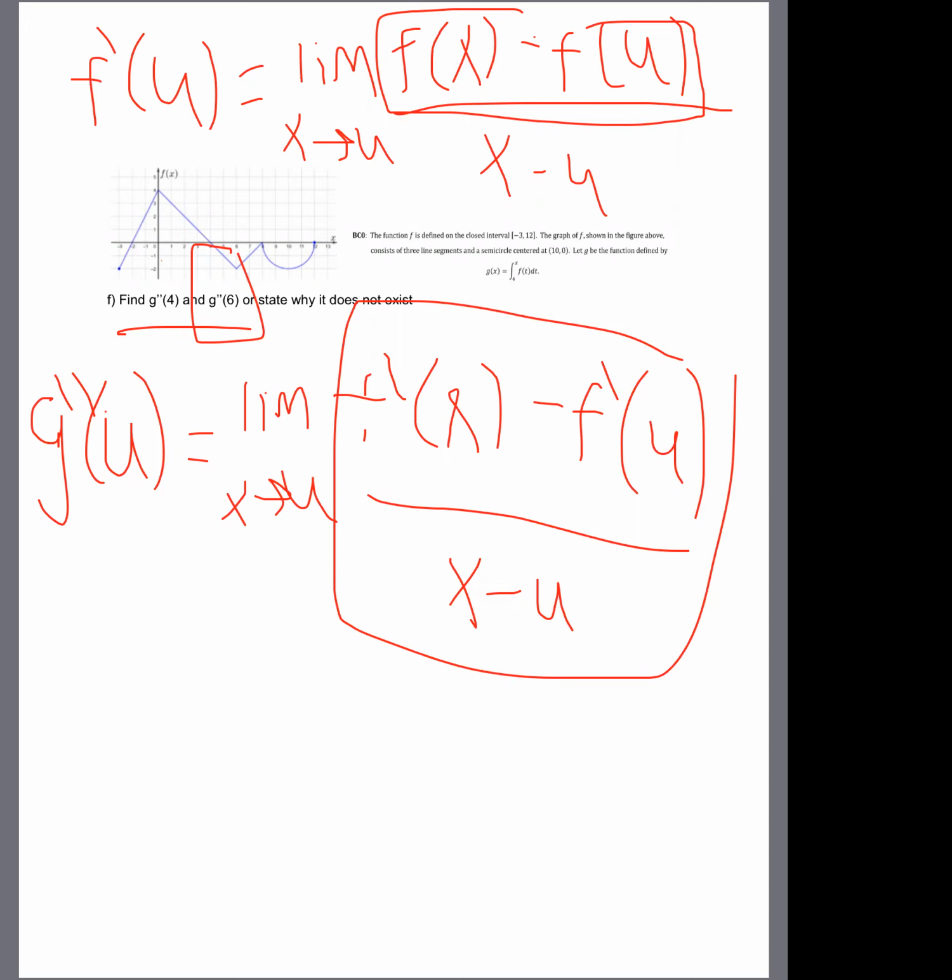Remember, whenever there's an absolute value, absolute values are like the sharp point, as Miss Q described. The reason they don't exist is that the limit from the left is not the same as the limit from the right.